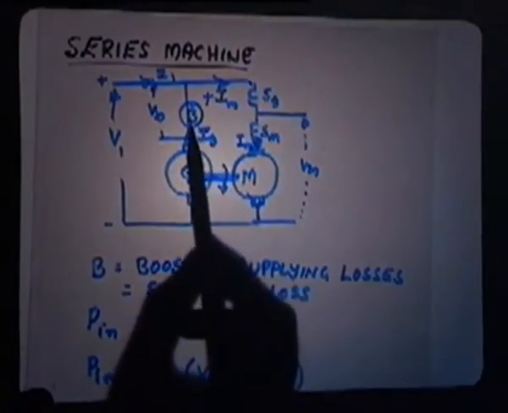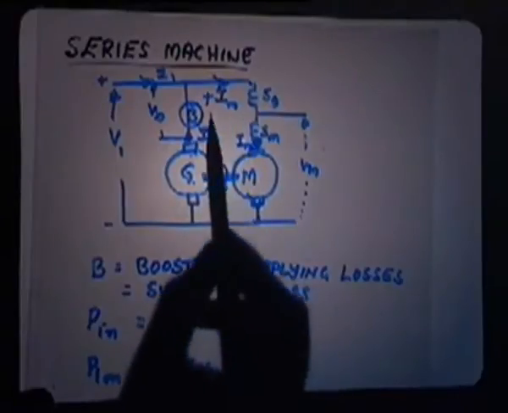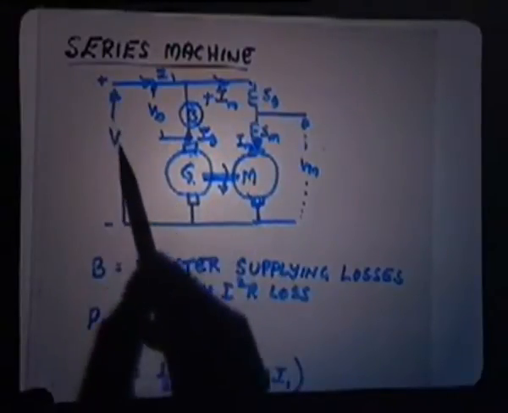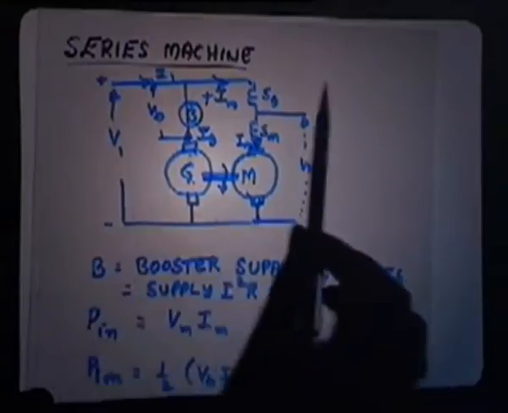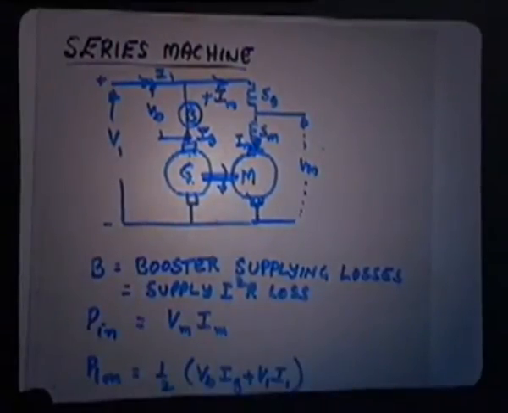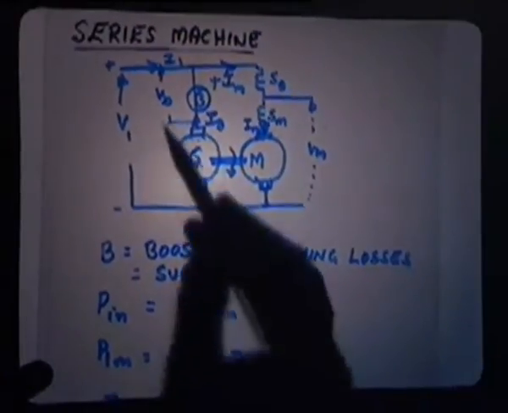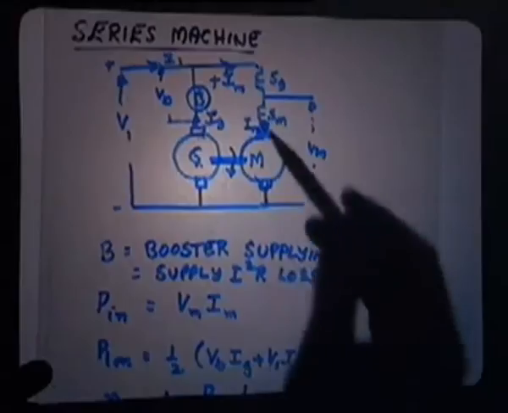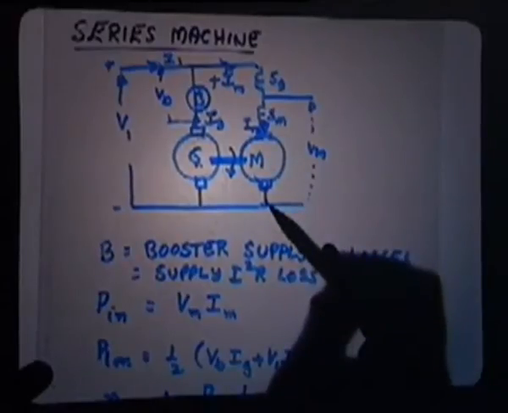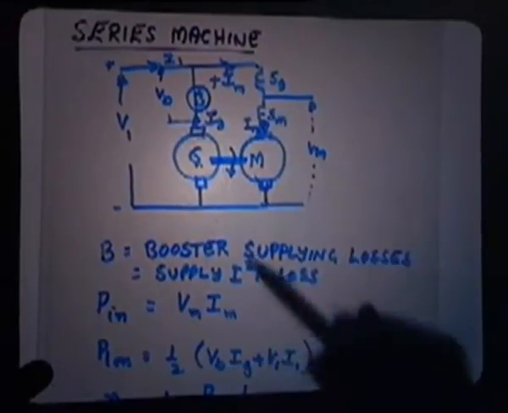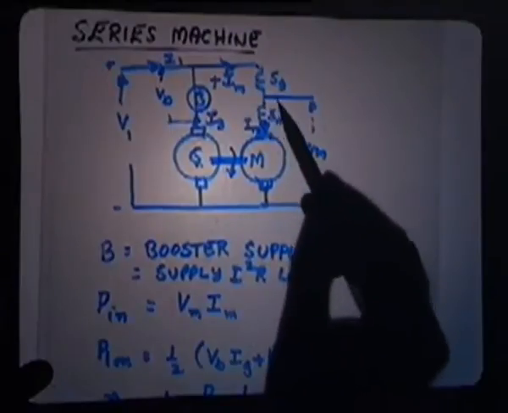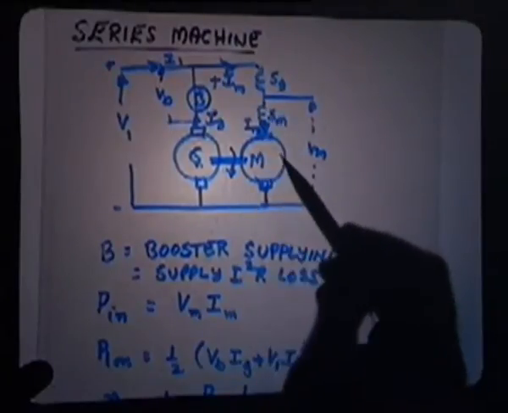By adjusting this booster voltage, you can adjust this, and V1 is a supply which will more or less give you the fixed losses. So B is the booster supplying the I square R losses, and the power input in this case will be the motor voltage Vm into the motor current Im.